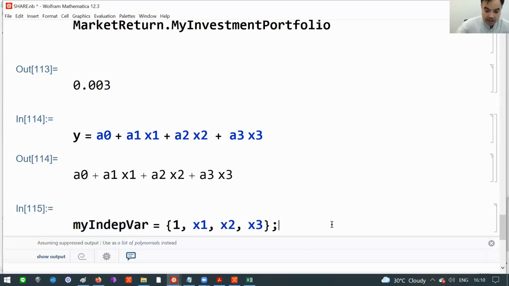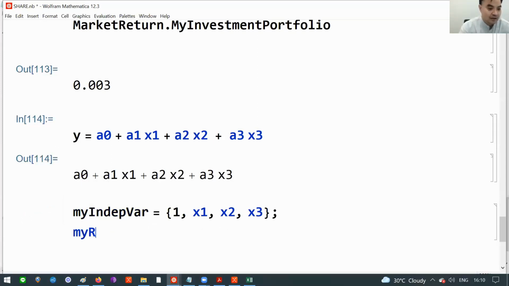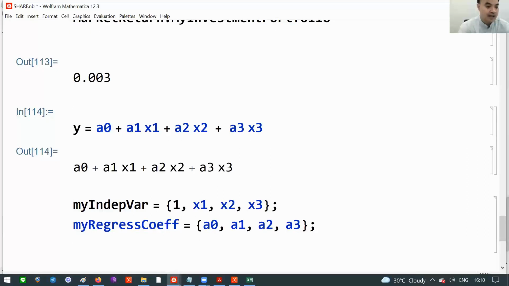Okay? My regression coefficient is equal to a0, a1, a2, a3. Okay?